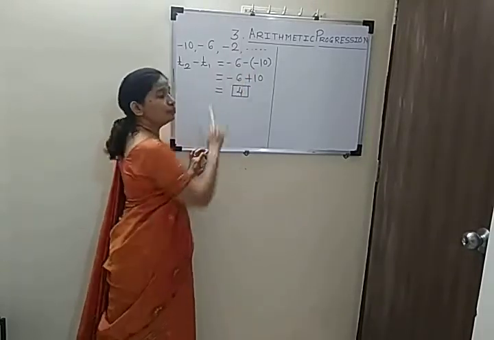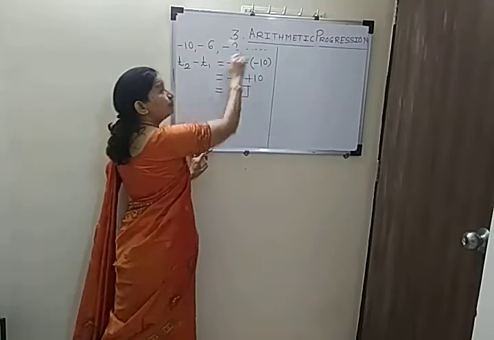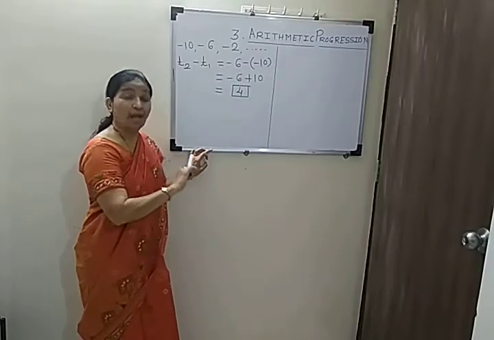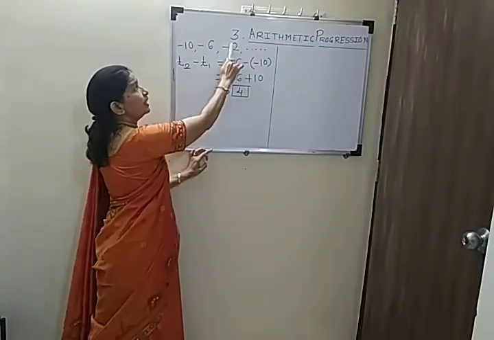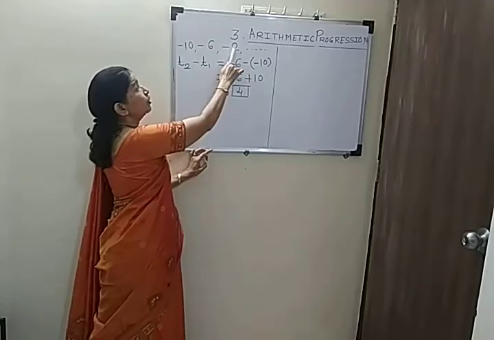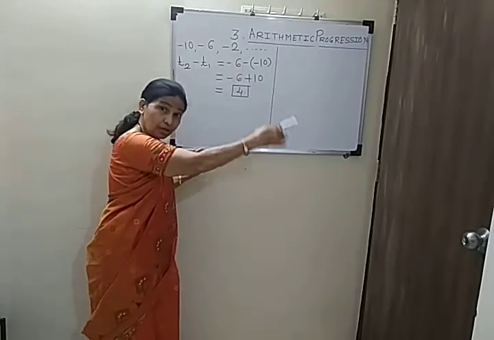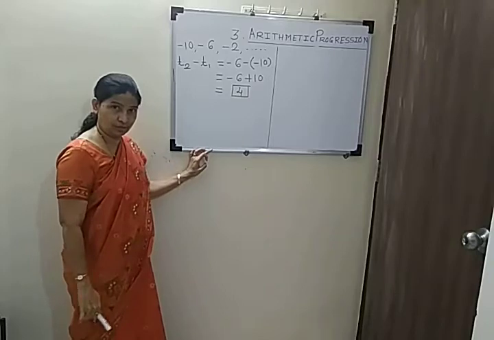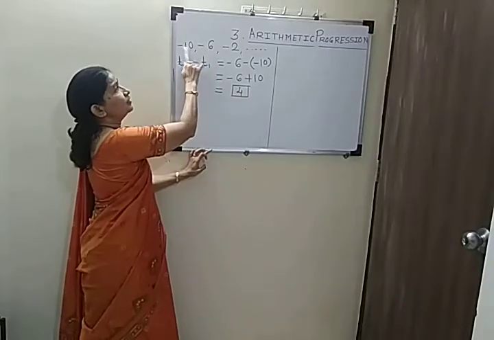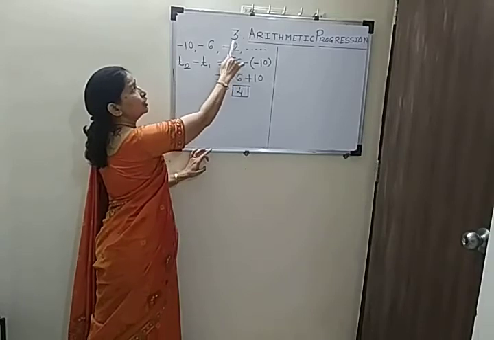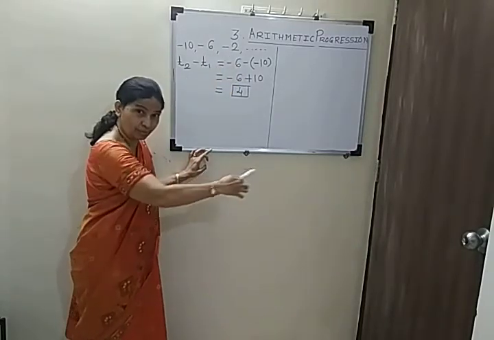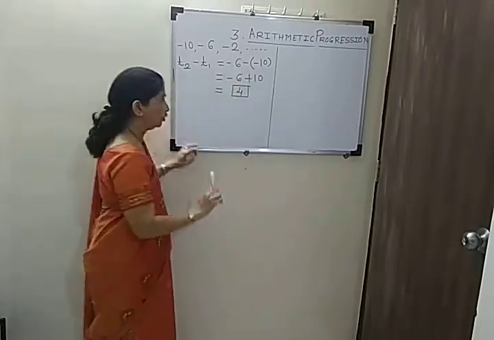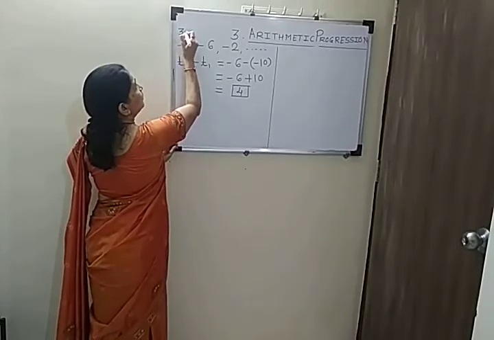So in 3.1, we learn that then only we will call the sequence an AP if the difference between consecutive terms remains constant, meaning T2 minus T1 must be equal to T3 minus T2, likewise. After that, in 3.2, this one we learn in 3.1.